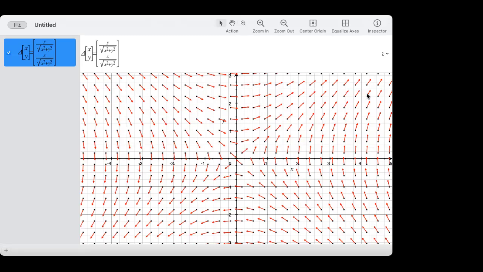If I were to try and figure out an equation for the curve described by a particle moving in this vector field, I'd have a solution to the equation that says my derivative is this thing, and I started at this point.